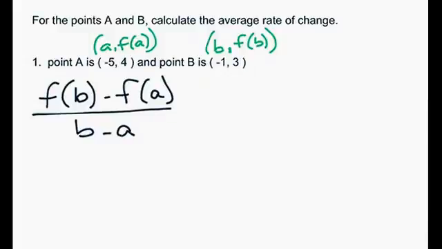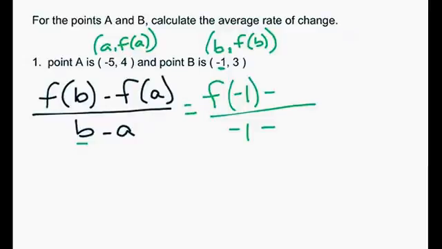Now watch what happens. What I'm going to do first is substitute a 3 in everywhere there is a b. Oops, nope, I'm not. I am going to substitute a negative 1 because that's my x value. Negative 1. And then there's a b down here, so I'm going to put a negative 1 there.